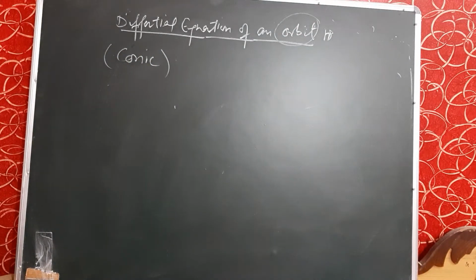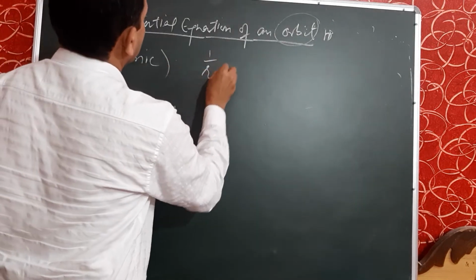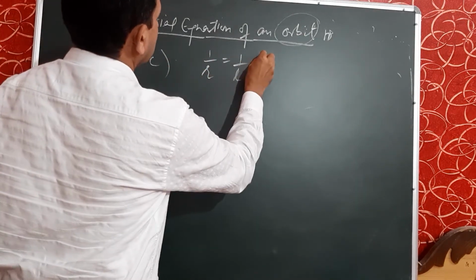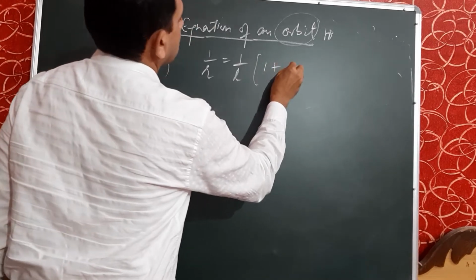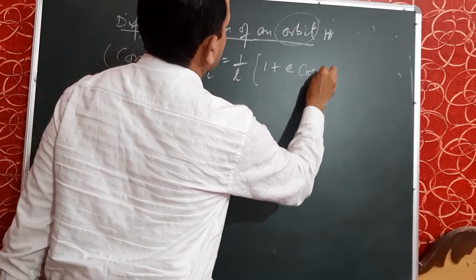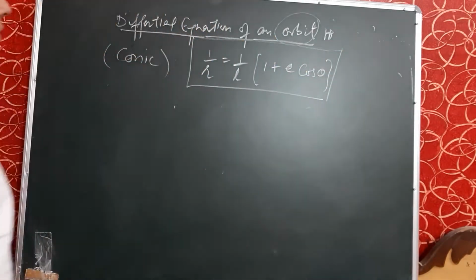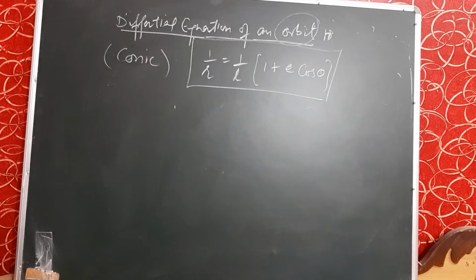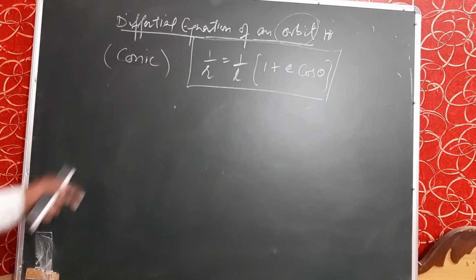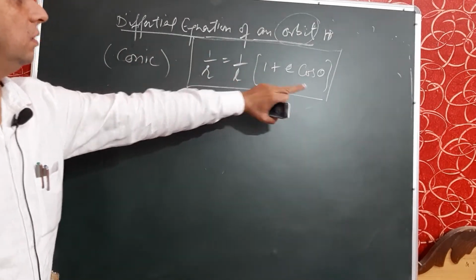We know that the equation of a conic is 1 by r equal to 1 by L into 1 plus E cos theta, where E is eccentricity. You have already studied this equation in mathematics in lower classes.